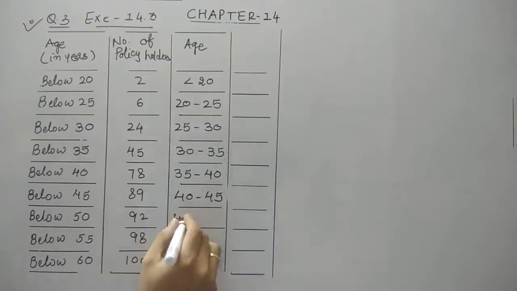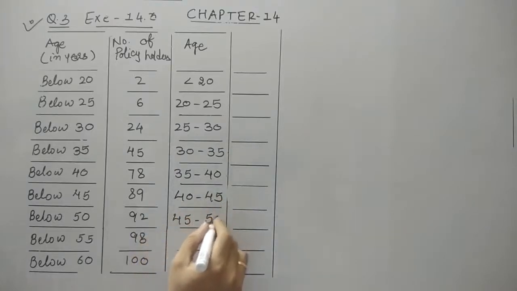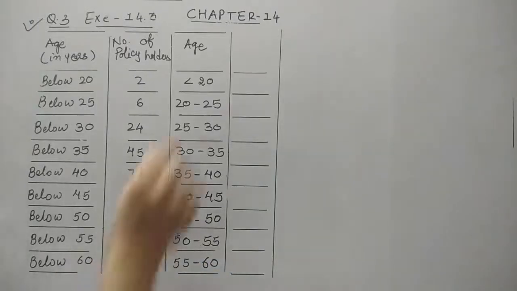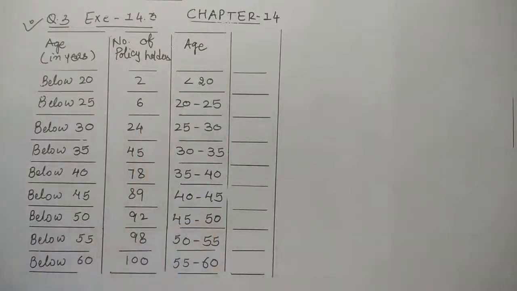We have to go till, as it is mentioned, less than 60, 50 to 55, and the last is 55 to 60. क्योंकि 60 से ज्यादा को policy नहीं दी गई है. So this is the class which we prepare.